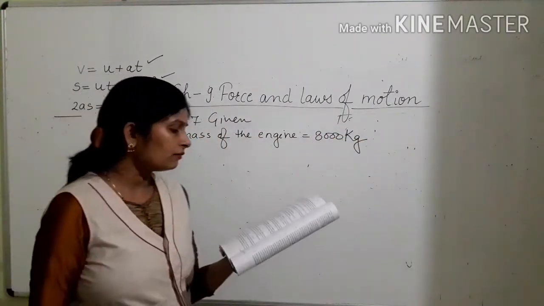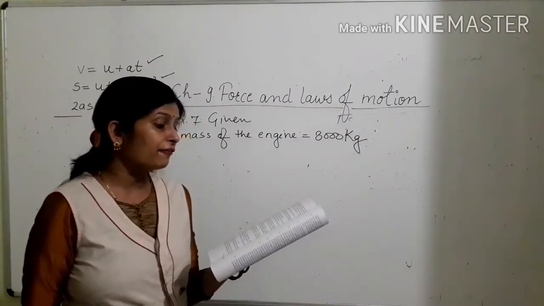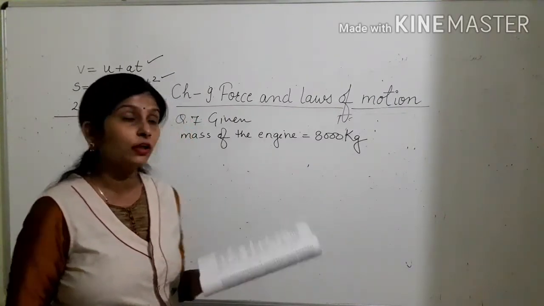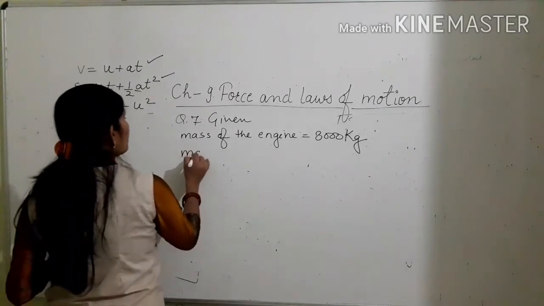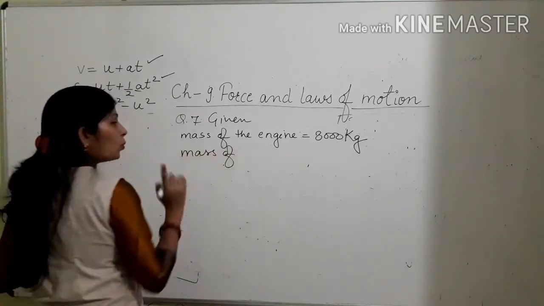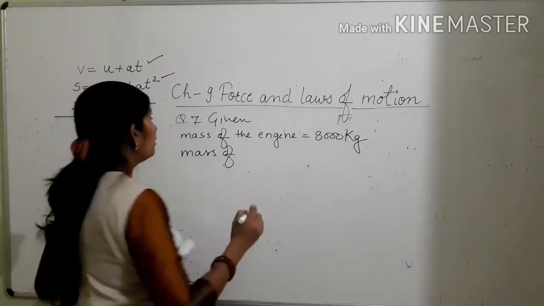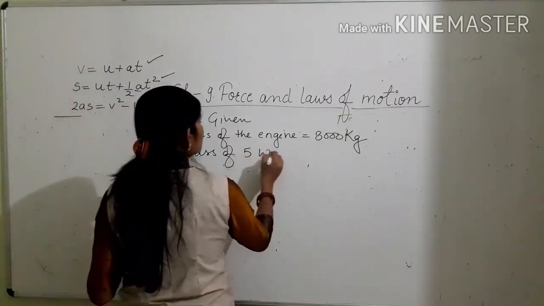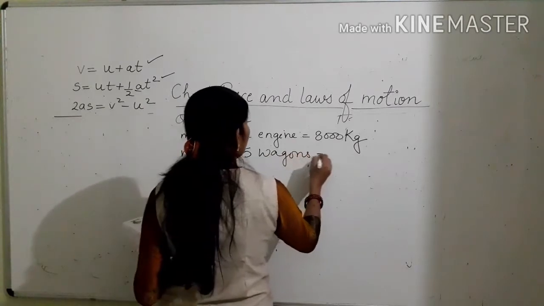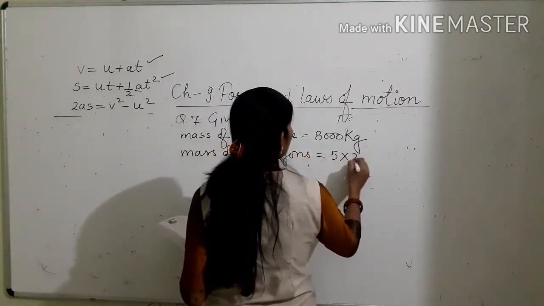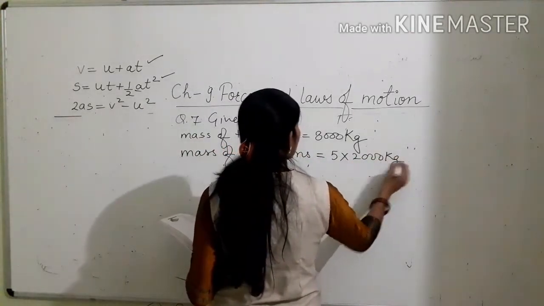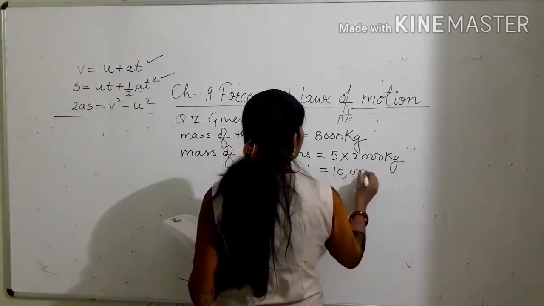Now at the back of the engine there are 5 wagons, each of 2,000 kilogram. So the mass of one wagon is 2,000 kilogram, then the mass of 5 wagons will be 5 into 2,000 kilogram, that is 10,000 kilogram.